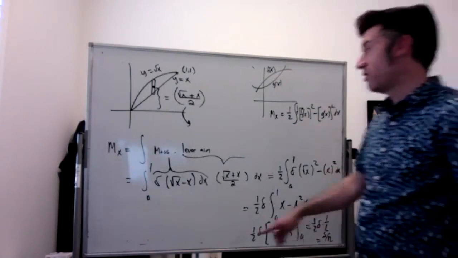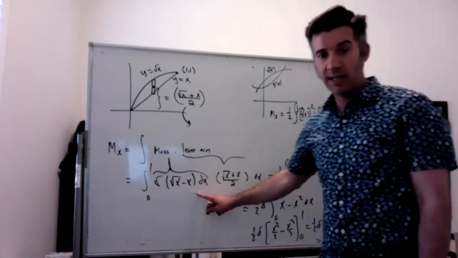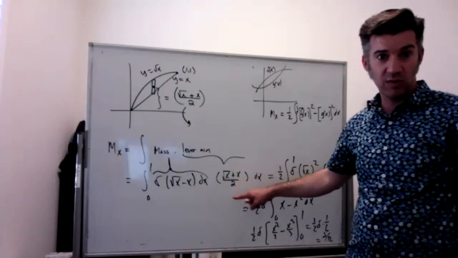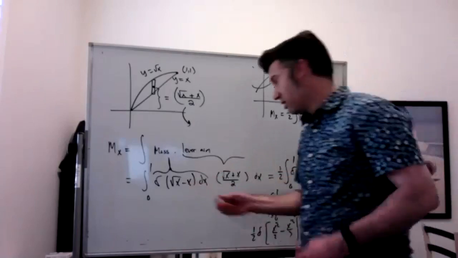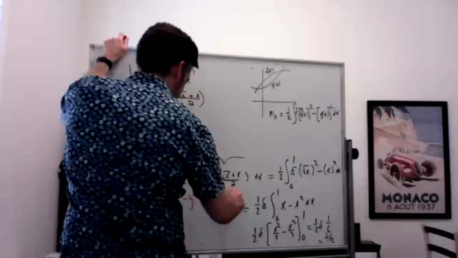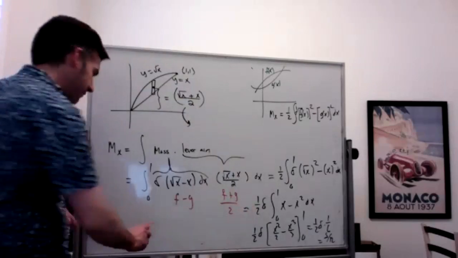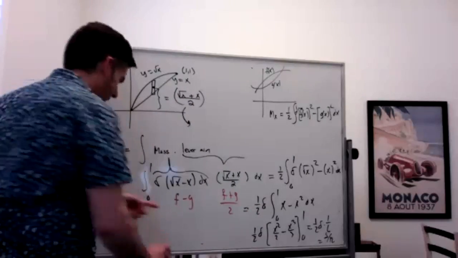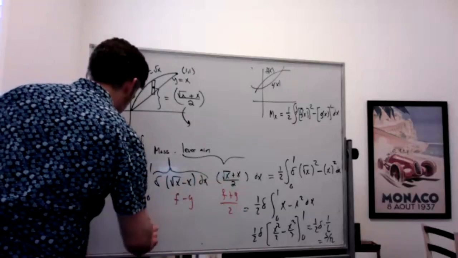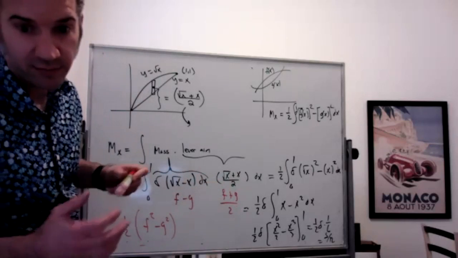Right, so to get the mass, you do the top function minus the bottom function. And to get the lever arm, you do the top function plus the bottom function divided by 2. And then when you multiply those together, if you have f minus g times f plus g over 2, if you factor out the 1/2, that gives you f minus g times f plus g, but f minus g times f plus g is just f squared minus g squared. That's what you get.